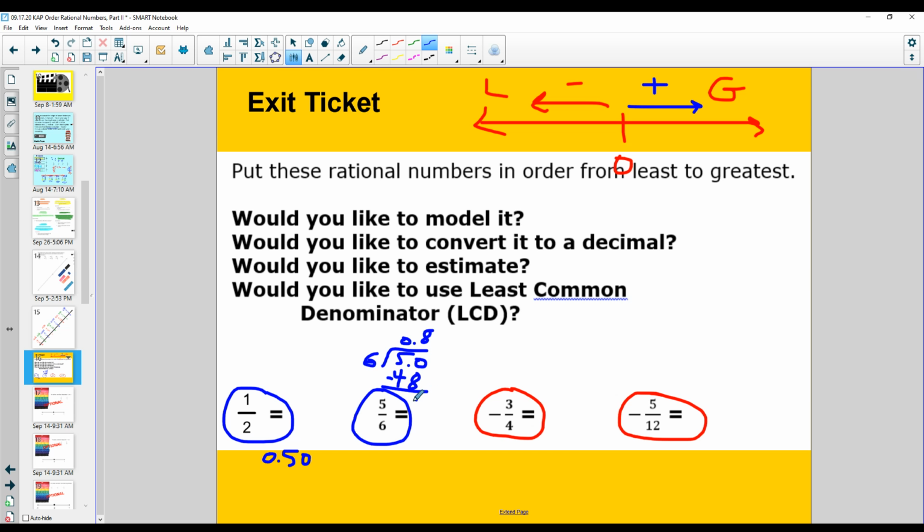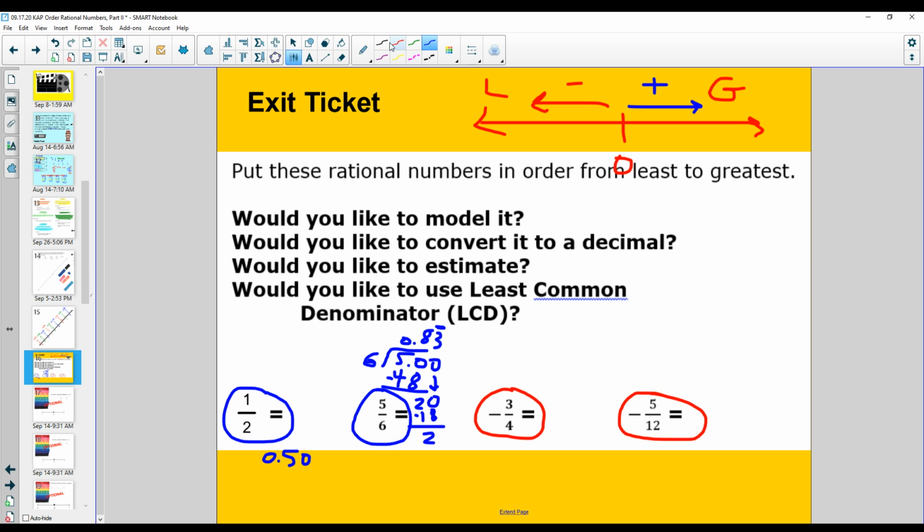So 50 minus 48 is 2. How do I get rid of the remainder? I annex a 0, bring it down. 6 goes into 20 3 times, and the remainder is 2. And this will be a repeating decimal, so I'm going to put a repeating bar above it.